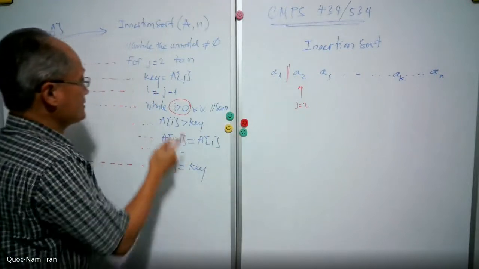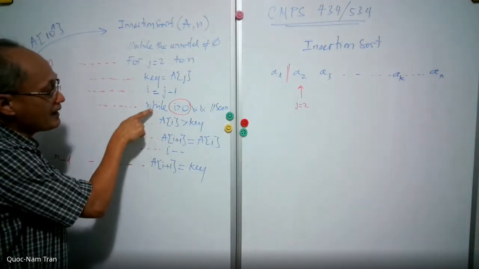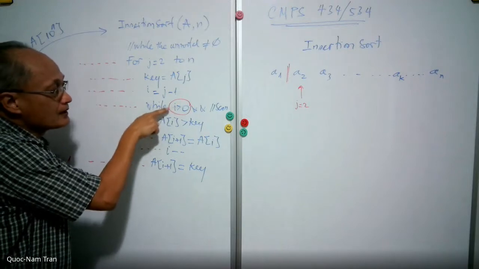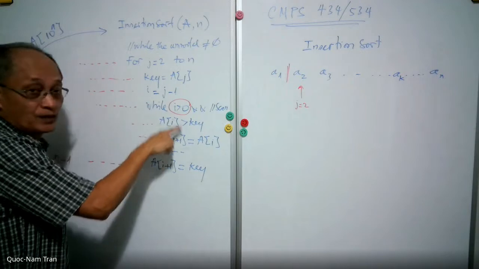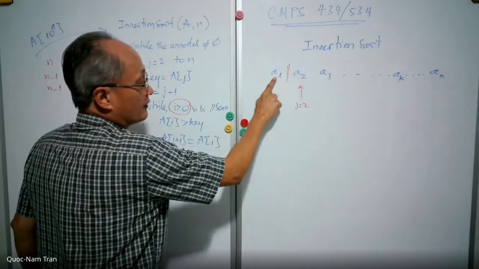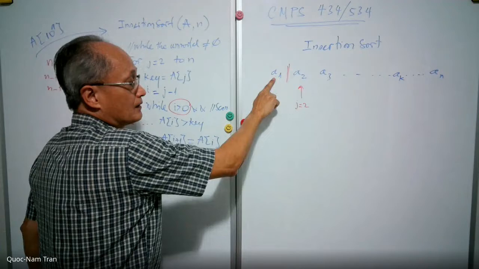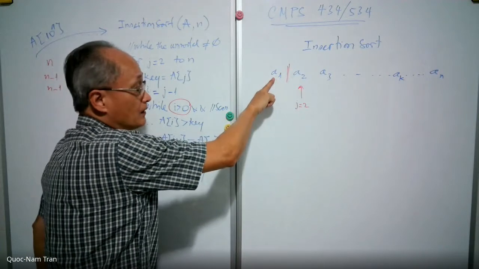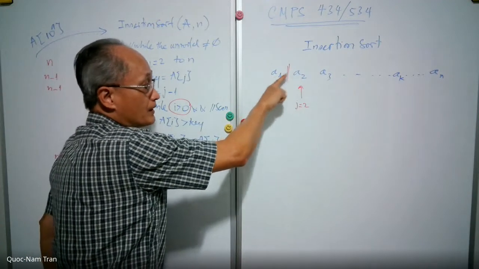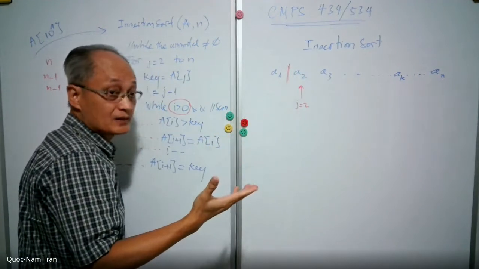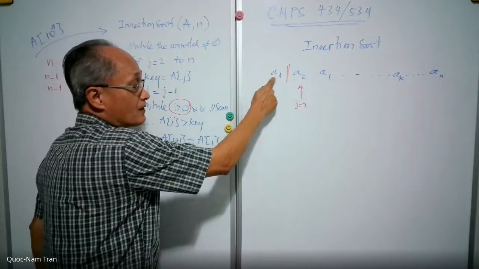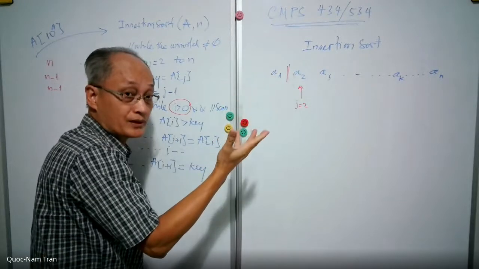So how many times can the while condition here be true? It can be that here, we push this one, right? And the second situation is that this one is already smaller, so we don't push it, right?